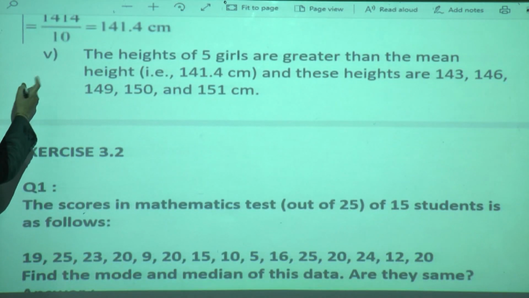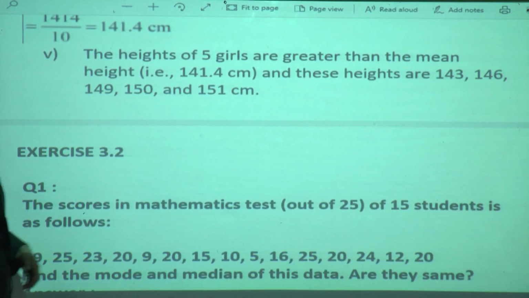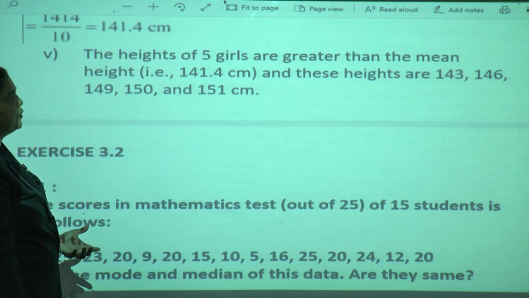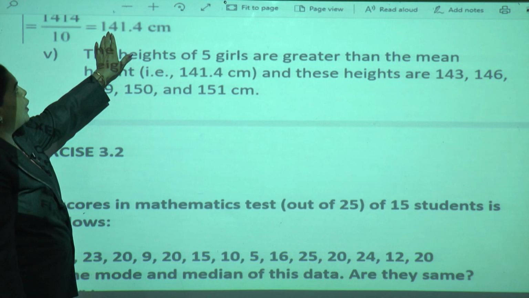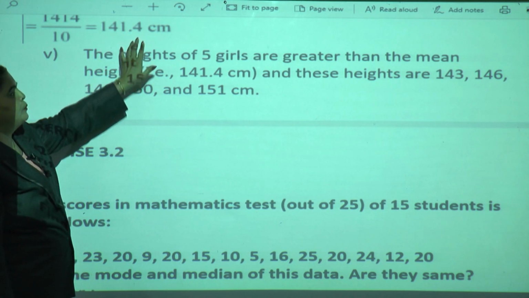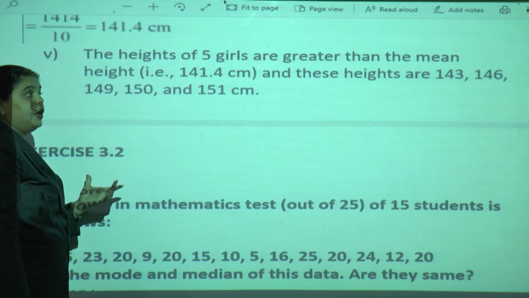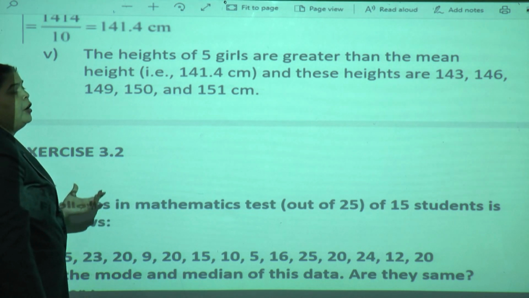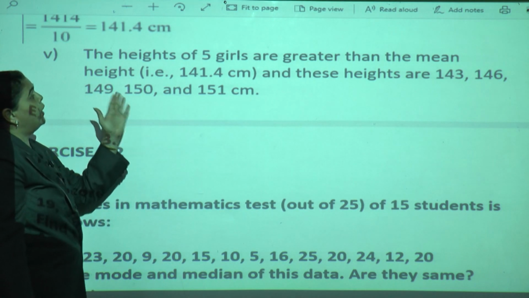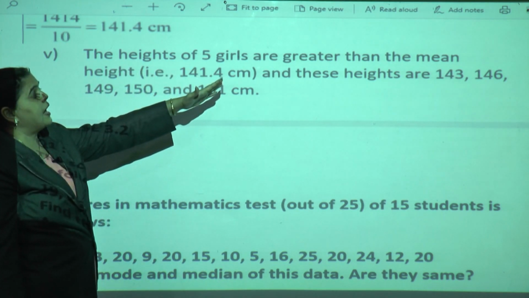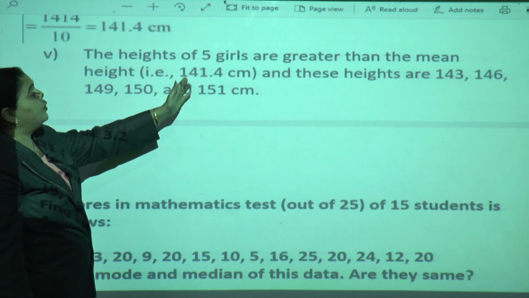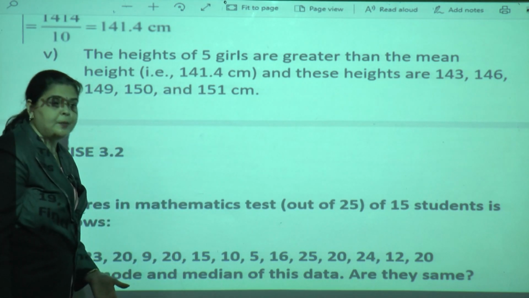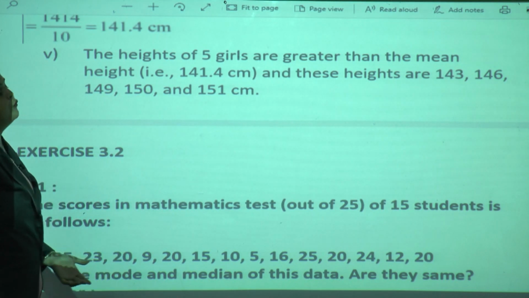Now we will see the last question. The heights of 5 girls are greater than the mean height. What we got as the mean is 141.4. We already have the heights in centimeter, not in decimals; we have whole numbers. So we can find the heights of the 5 girls whose value is greater than 141.4, which you can approximately say as 142.